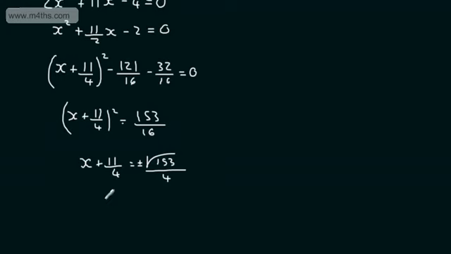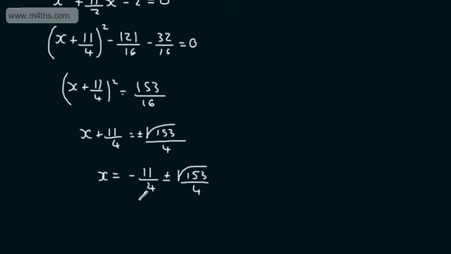So what we've got now is x will be equal to minus 11 over 4 plus or minus the square root of 153 over 4. These are what we call exact values. I've left this in surd form, so that's an exact value. So what we have is x is equal to minus 11 plus or minus the square root of 153, all over 4.